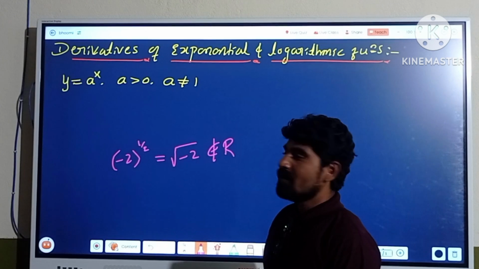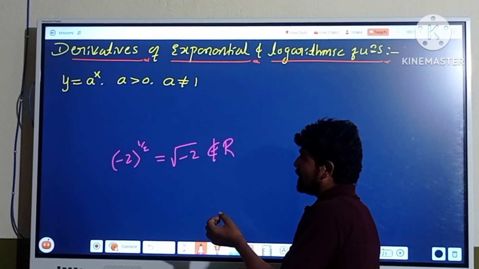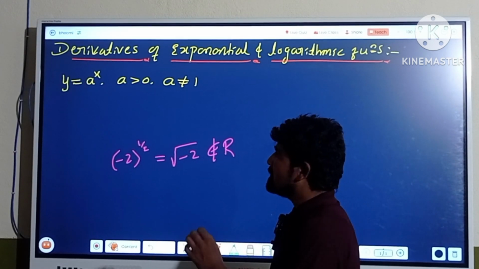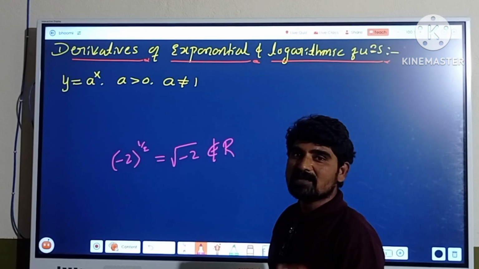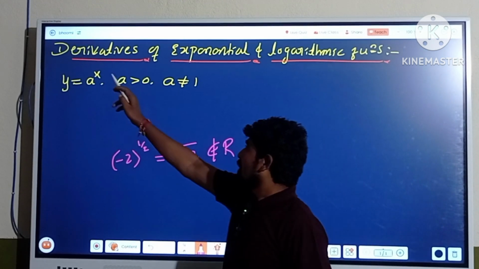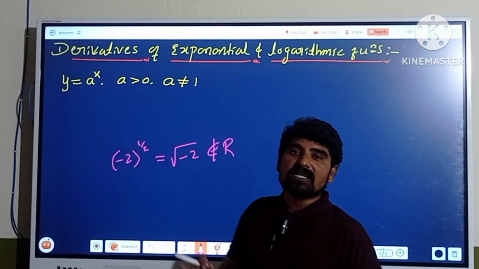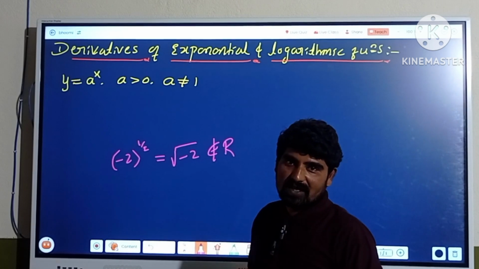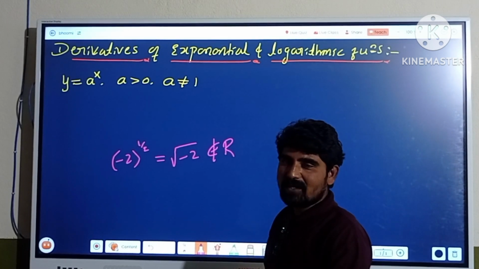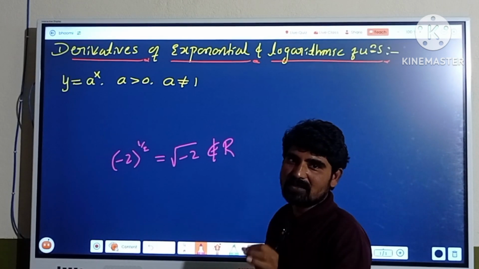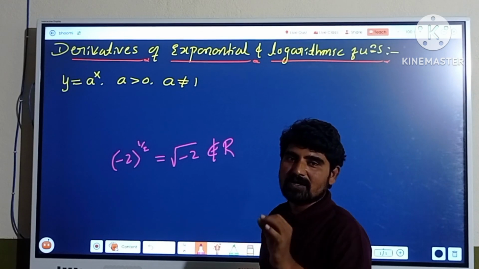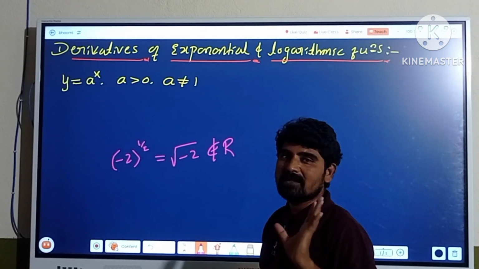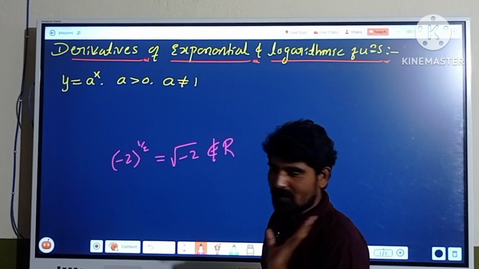So, exponential functions don't allow a negative number as the base, because for some domain values the result doesn't belong to the set of real numbers. That's why in exponential form the base should not be equal to 0, should not be equal to 1, and should not be a negative number.